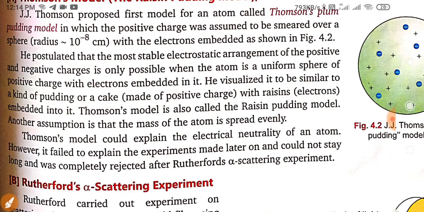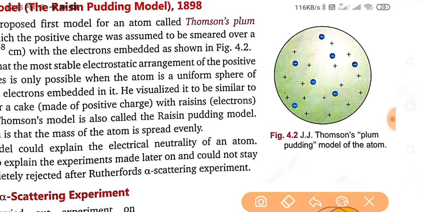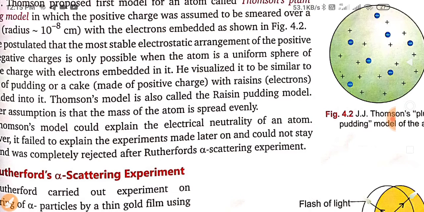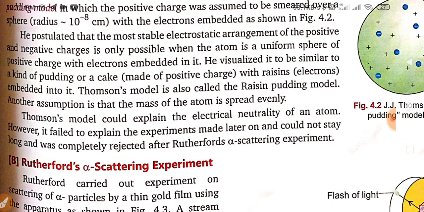He postulated that the most stable electrostatic arrangement of the positive and negative charge is only possible when the atom is a uniform sphere of positive charge with electrons embedded in it. These are plus charges and electrons are embedded within it. He visualized it to be similar to a pudding or a cake made up of positive charge with raisins.